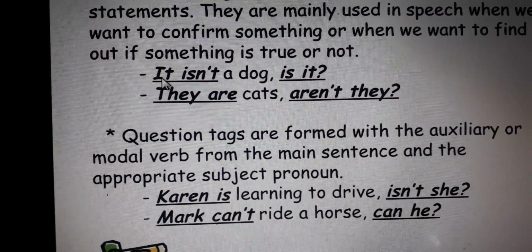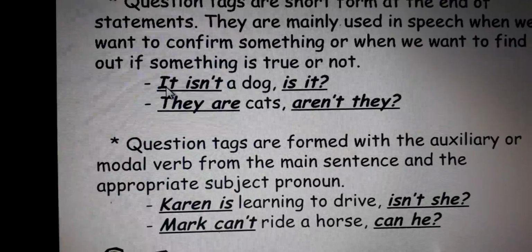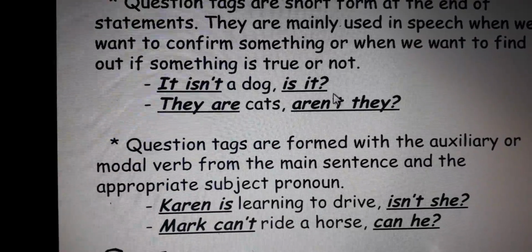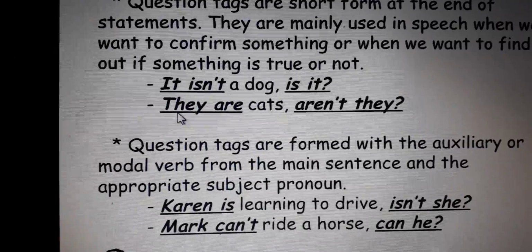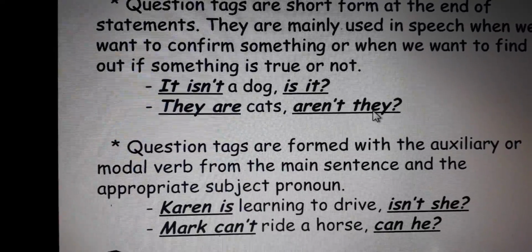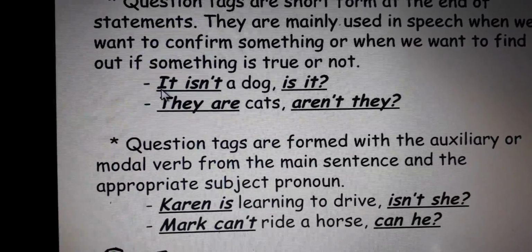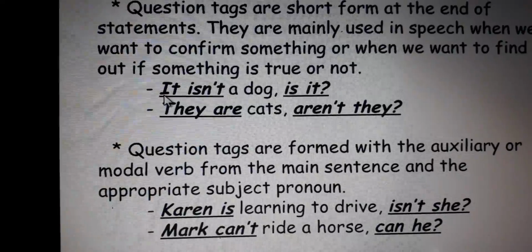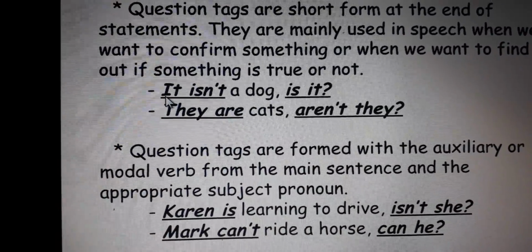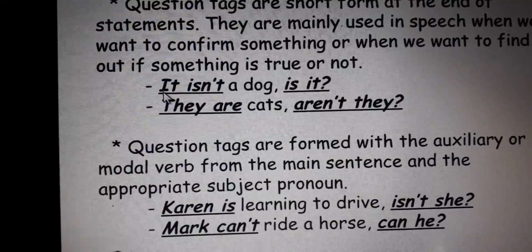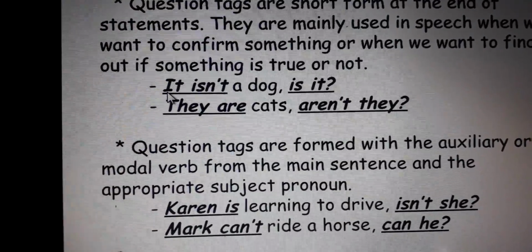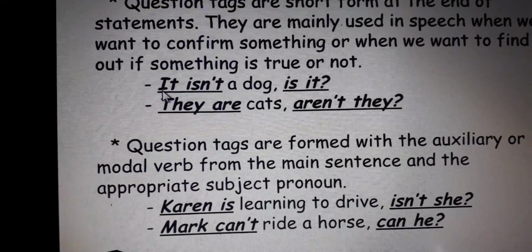Suppose here it is already a pronoun, so it will come as it is. They is also a pronoun here, so they will come as it is. If the subject name has been mentioned in the main sentence, we are going to use its pronoun, not the name as it is. Is it clear?